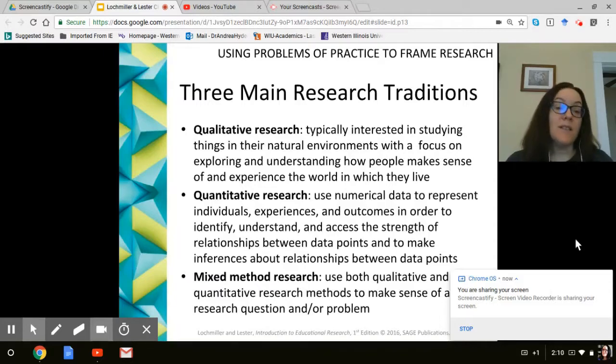So qualitative research, and we have an entire course on this, is typically interested in studying things, people in educational research, in their natural environments. The focus is on exploring and understanding how people make sense of and experience the world in which they live. In qualitative research, you're going to have interviews and focus groups and also your own observational notes.